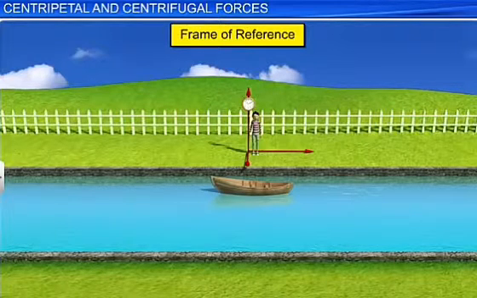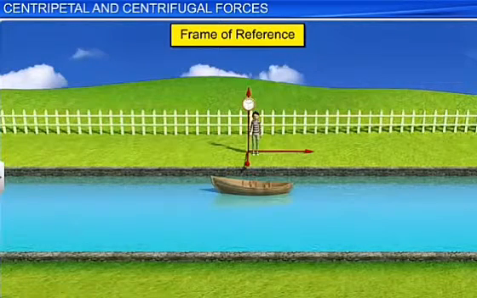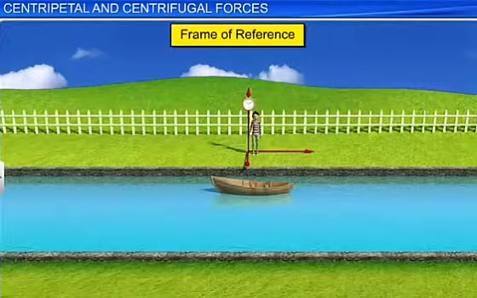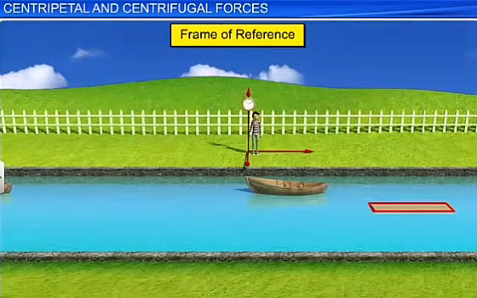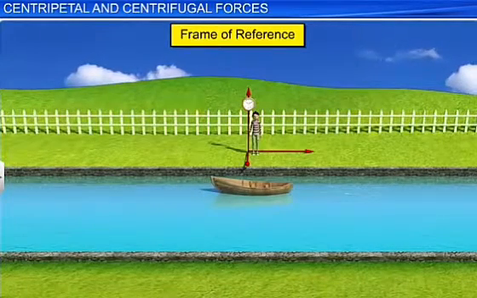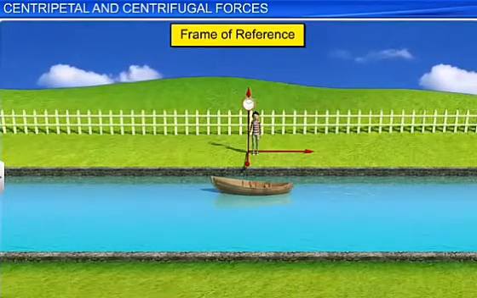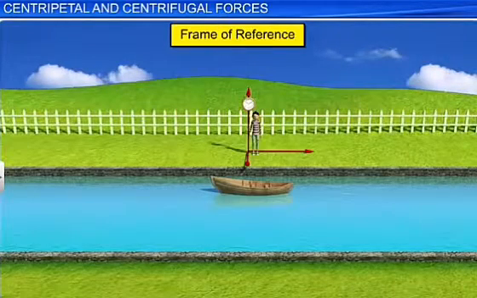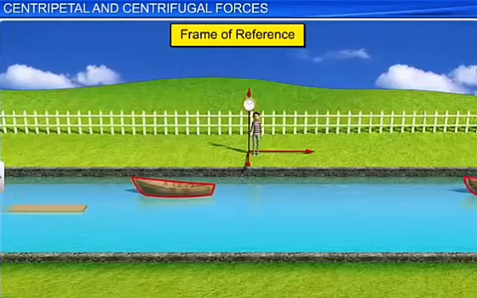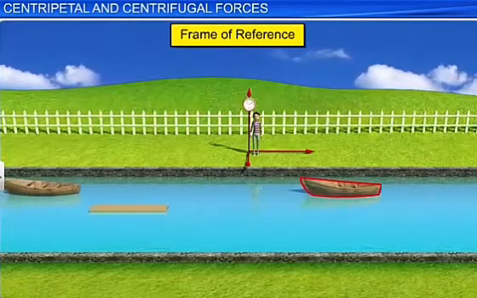First, consider the case when Sarita and the frame of reference attached to her are at rest with respect to the ground. She observes the wooden plank moving along the river water with a speed equal to the speed of water. She also finds that the boat is moving at a rate faster than that of the river water.